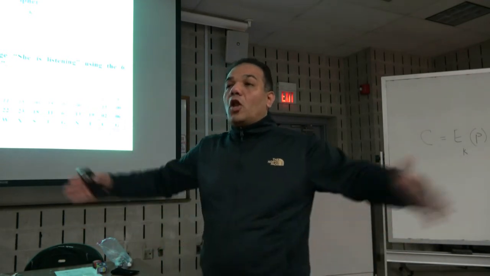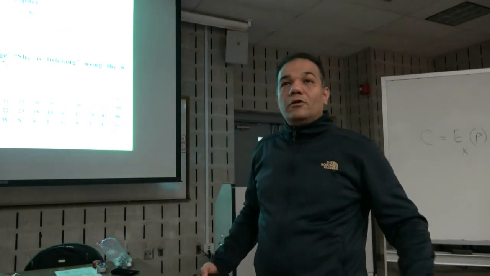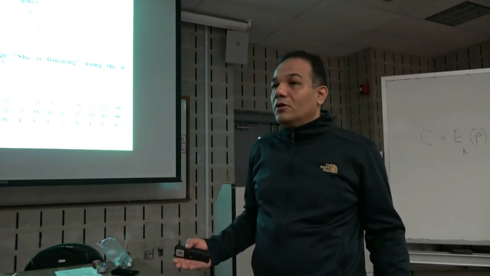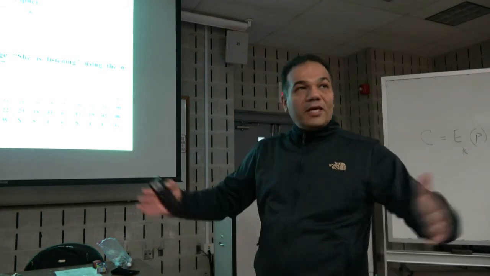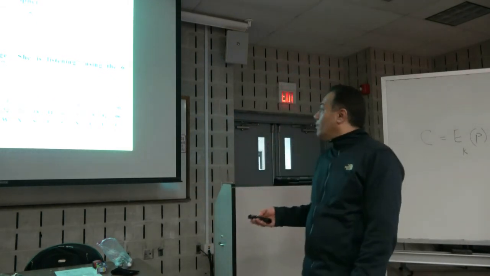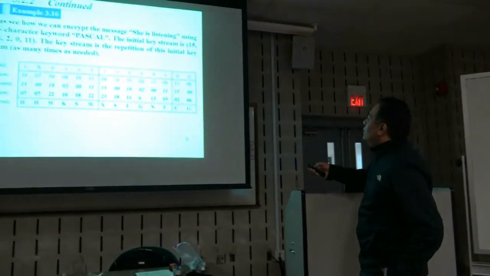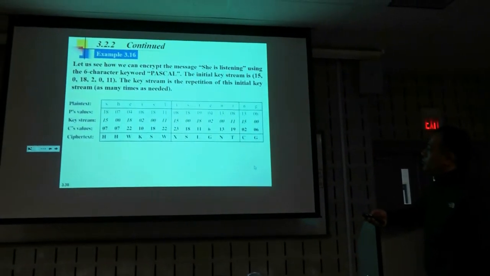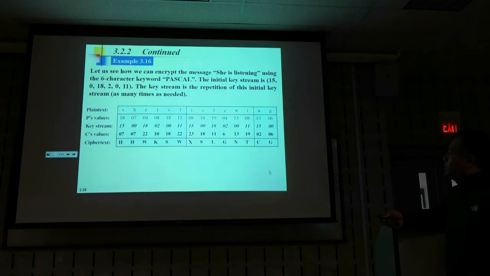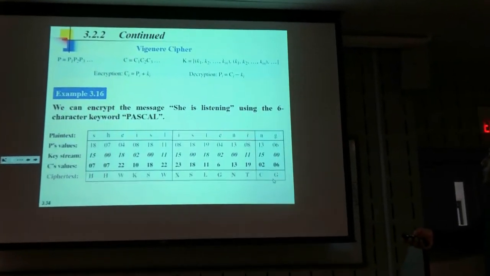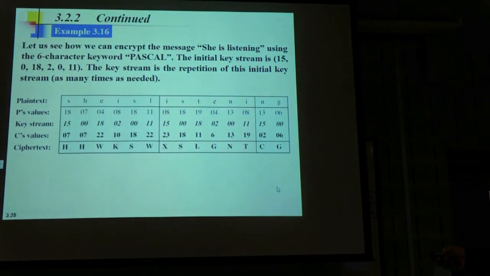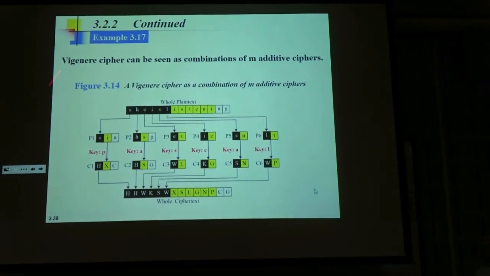So the longer the key is, the more secure. Why is it more secure? Because the domain of the keys is much bigger. The same thing applies with decryption. You put in the keys, move them up, do the decryption, and it will be done.